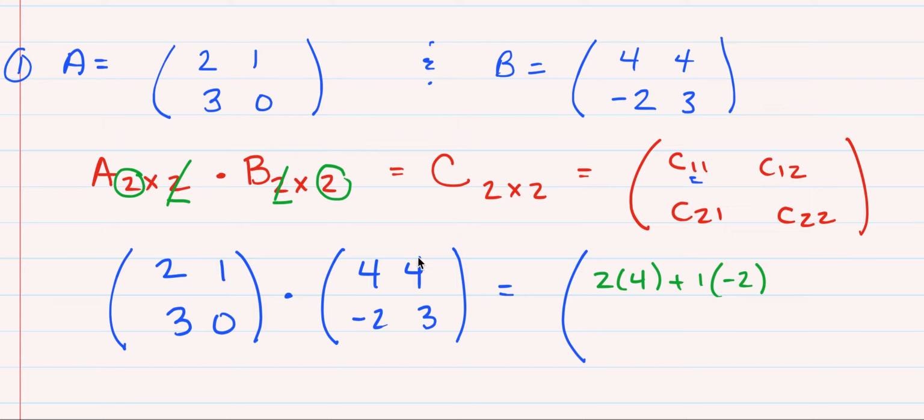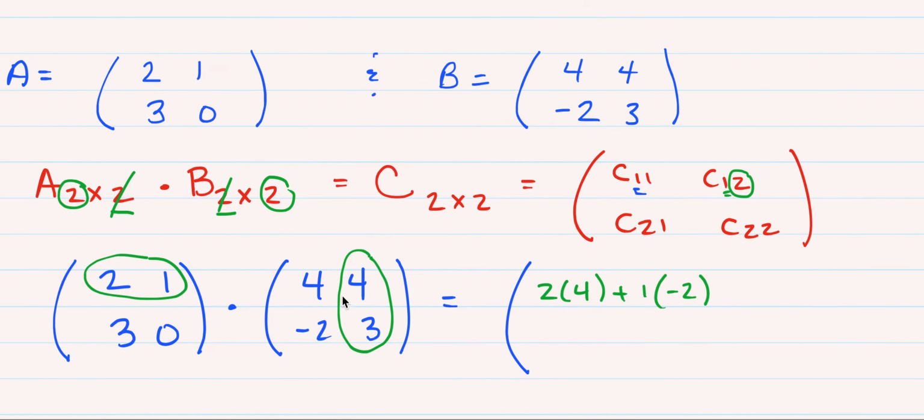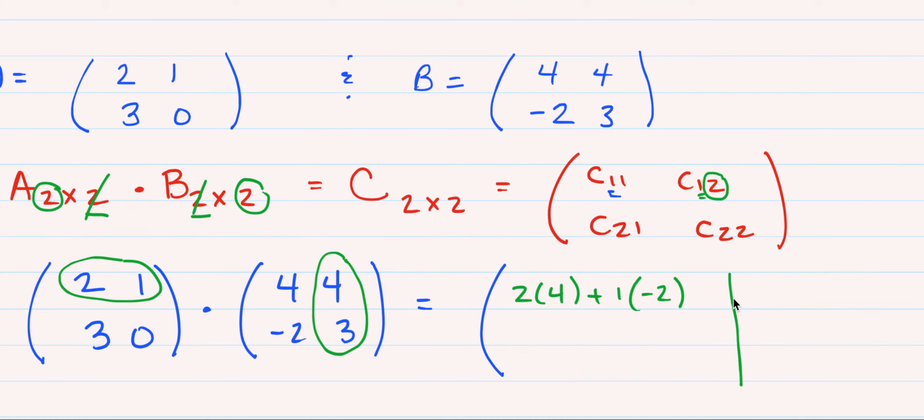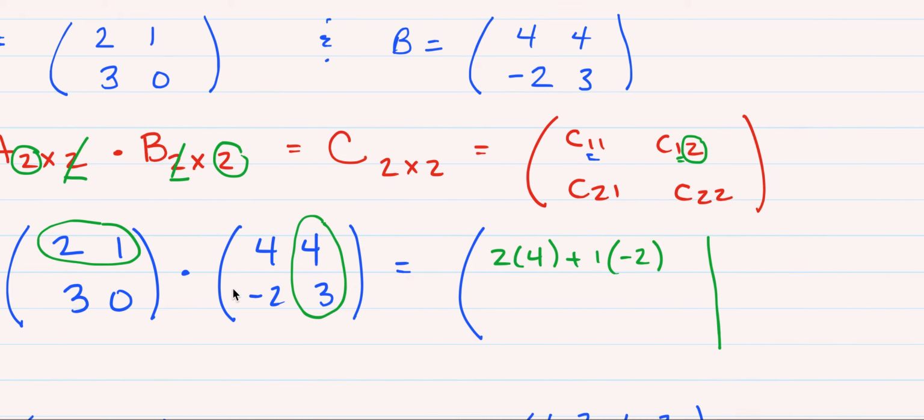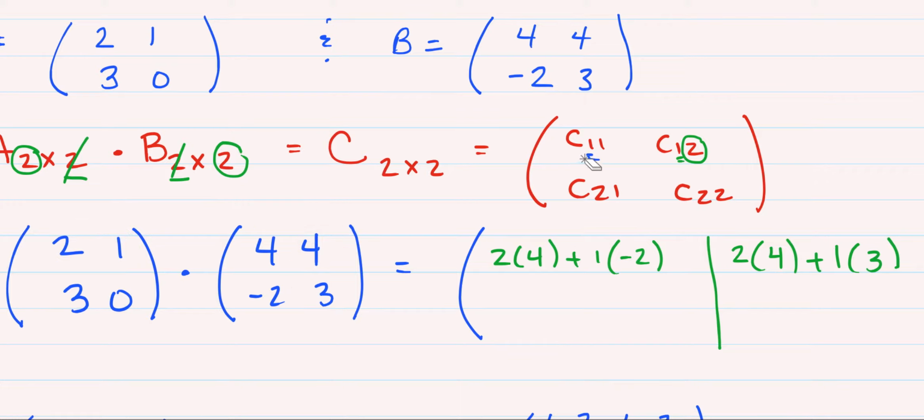C12 is taking row 1 in A and multiplying it with column 2 in B. So we ignore everything else and just multiply this row with this column. So what do we get? I'm going to put a line here so I don't mix up my sums. So we have 2 times 4 plus 1 times 3. 2, 4, 1, and 3. Okay. Now let's figure out C21.